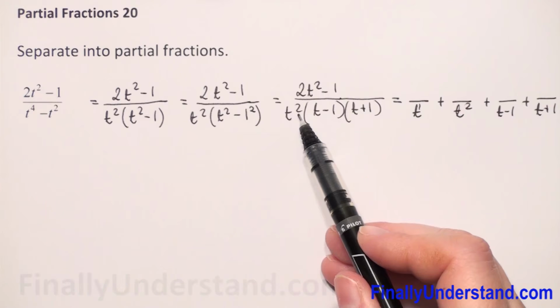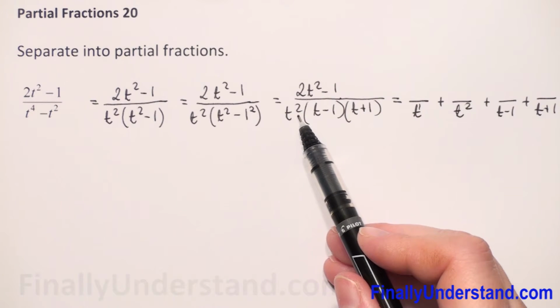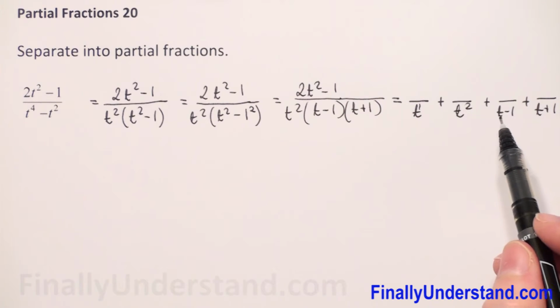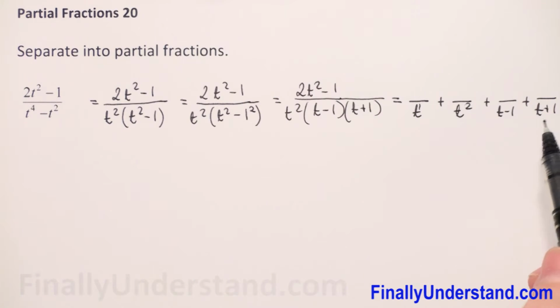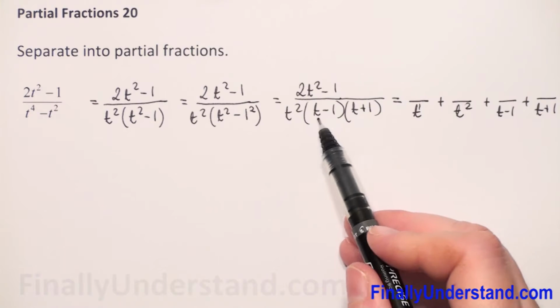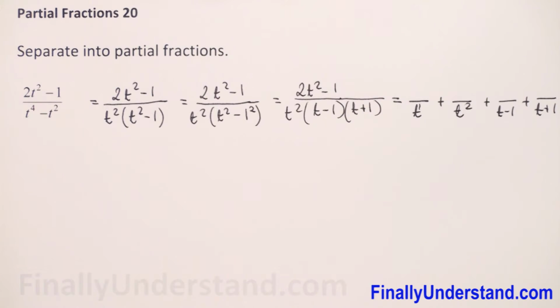If we have, for example, here t to the 8th power, we will have t to the first power, second, third, 4, 5, 6, 7, and t to the 8th power. And the rest, when we have different factors, we just copy this one more time.